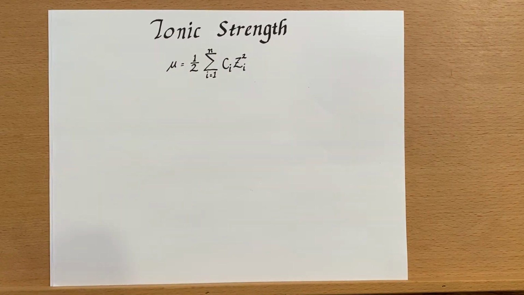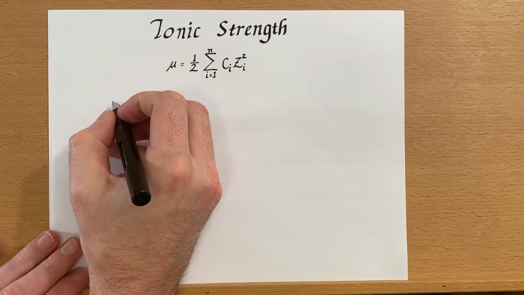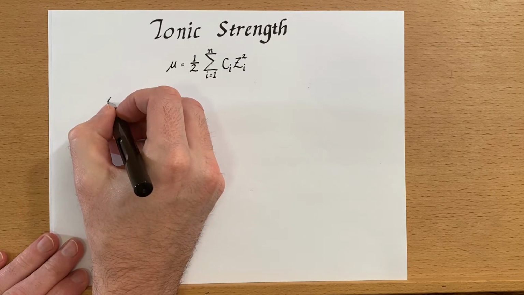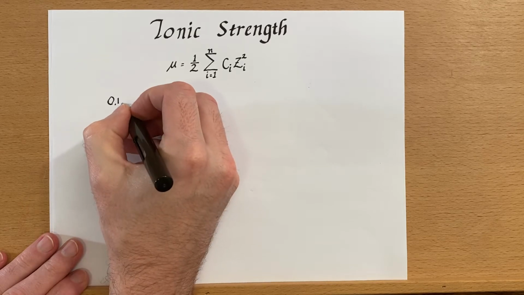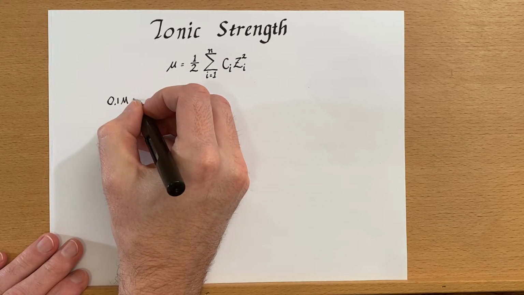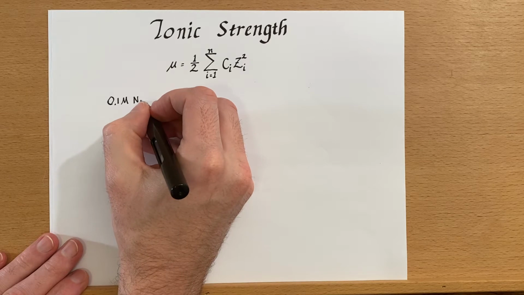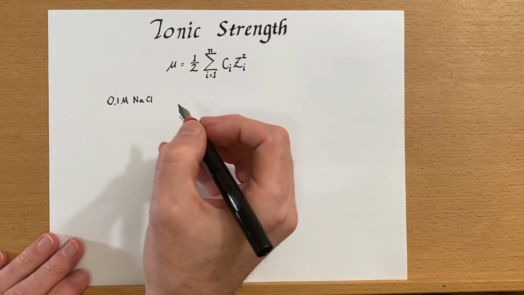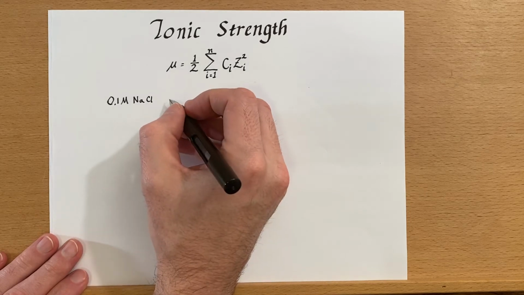So let's do some examples of this. Let's start off with a very simple one of just 0.1 molar NaOH, or NaCl. Although NaOH would be the same since the ion charge is the same.